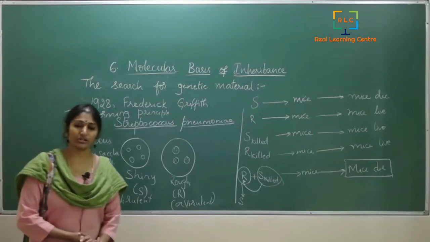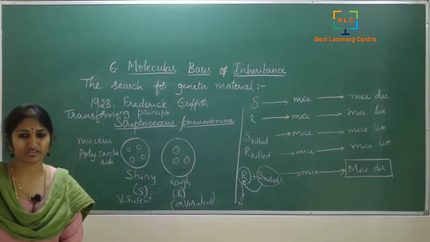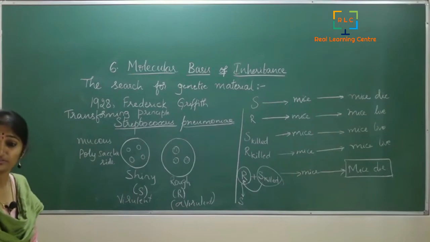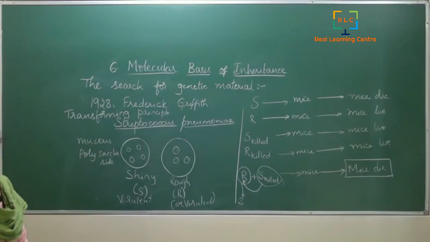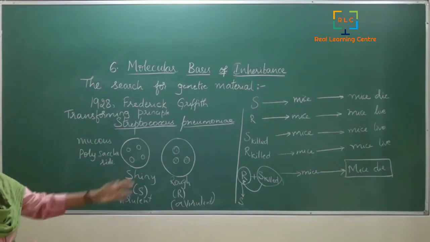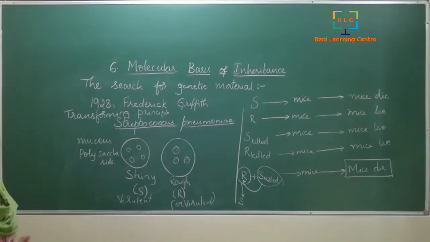There are two important things here. The first thing is it tells us how to frame the experiment. If I have an experiment, how am I supposed to put that into its right place? There was no need to mix R and S killed here, but he tried it.